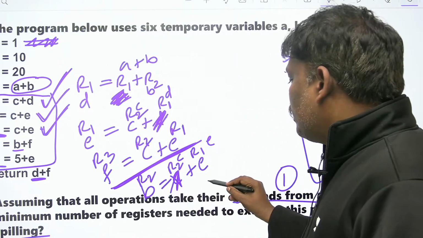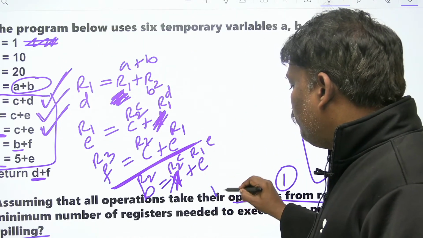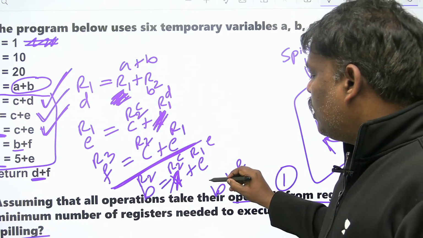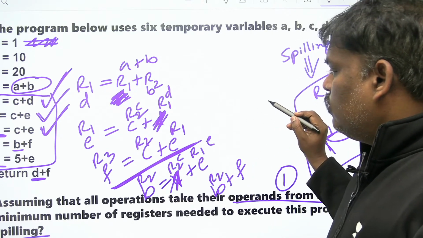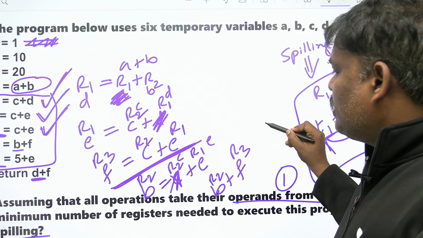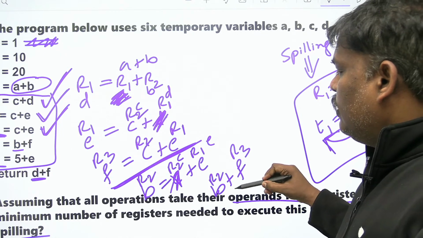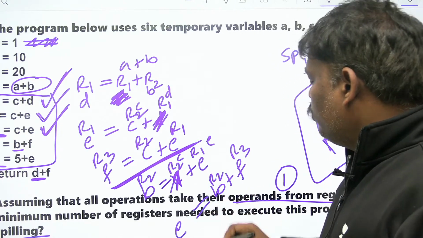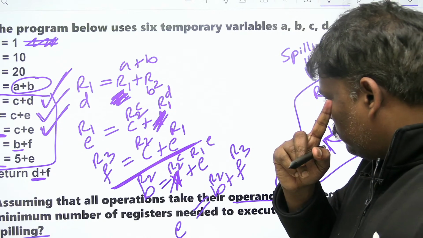Next one is going to be B plus F. What is the B? R2. What is the F? R3. F is R3, is equal to E. Which register can I use?